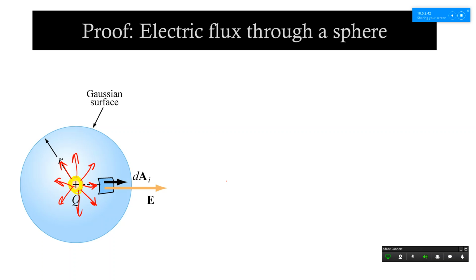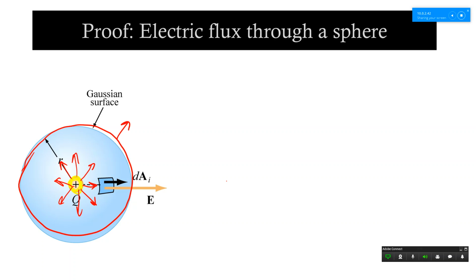sphere so that the electric field lines coming out of that charge will always be at a 0-degree angle with the area vectors of this shape that you choose. A sphere, exactly. So if I take this sphere here, okay, at any single point, check it out.